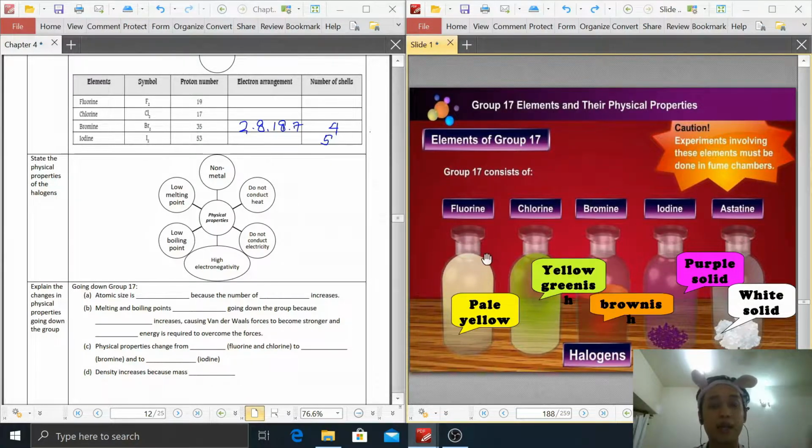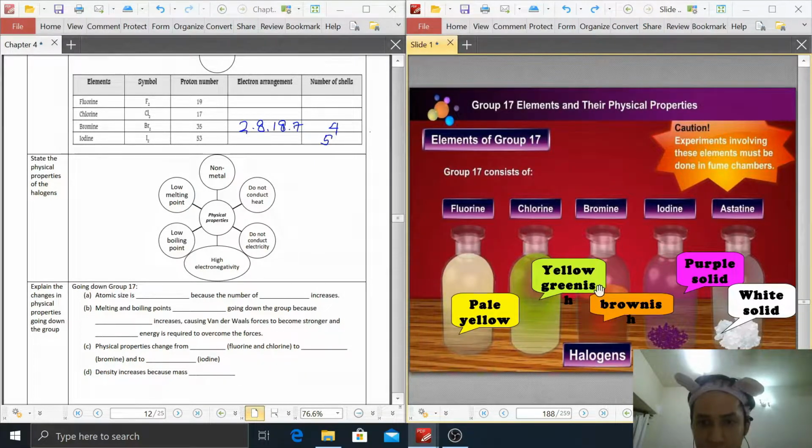If you look at the slide on the right side, you will notice that unlike group 1 elements, whose appearance is almost the same, all gray, group 17 elements have different colors for different elements. This is very important for your exam. You must know the colors. Fluorine is pale yellow. Chlorine is yellow greenish.